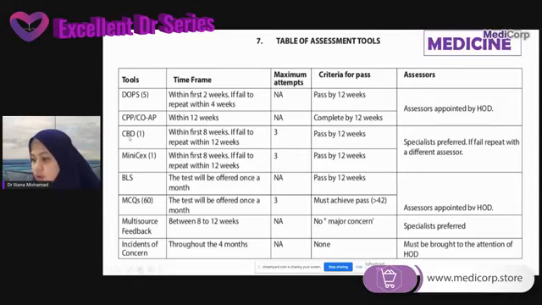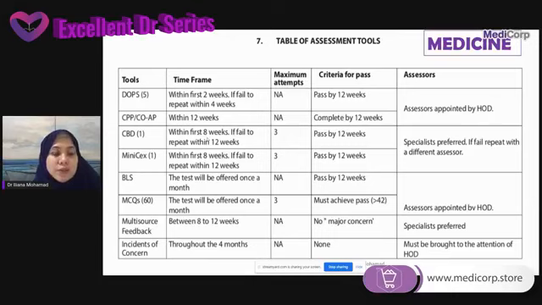So next is your CBD. For medicine, what KKM proposes is 1 case-based discussion and 1 mini-CEX throughout the 4 months posting, okay. So if you have 1 case-based discussion in your posting, you should attempt within the first 8 weeks, okay. First 8 weeks means the first 2 months you should attempt.